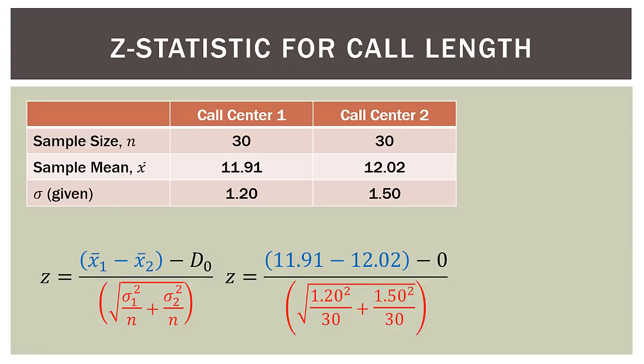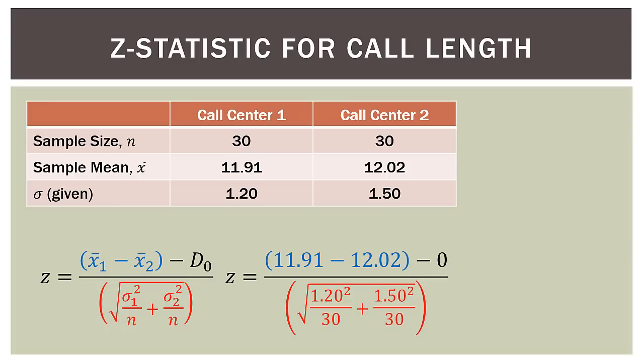So x bar sub 1, the sample mean for call center 1, is 11.91 minutes. X bar sub 2, the sample mean for call center 2, is 12.02 minutes. Then we subtract our hypothesized difference, which in this case is 0. Now in the denominator we have our standard error. Again, we just substitute everything in from the chart into the formula at the bottom.